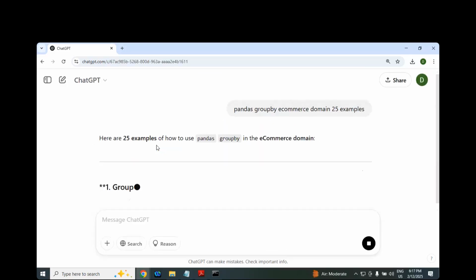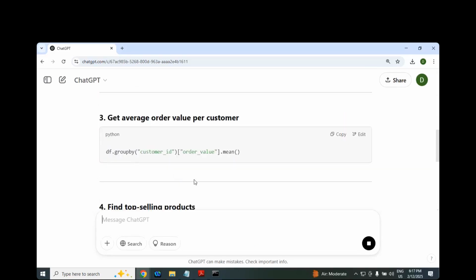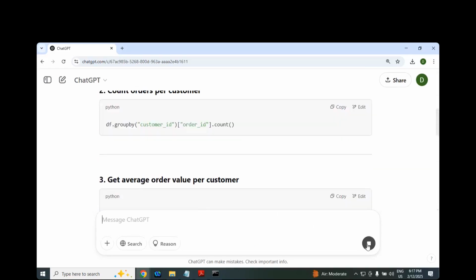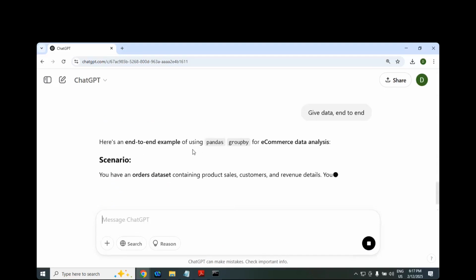Yeah, go, 25 examples. Cinema started actually. So it is giving. Hey, I need data also. I need an end-to-end example. Hold on. So data, comma, code, end-to-end code. End-to-end, what exactly code? It is giving only logic actually. End-to-end. Yeah, perfect.